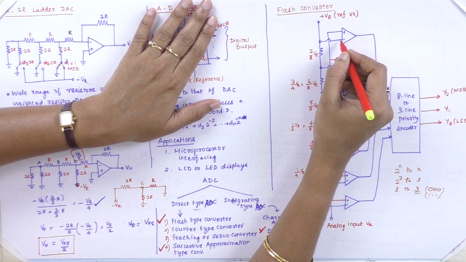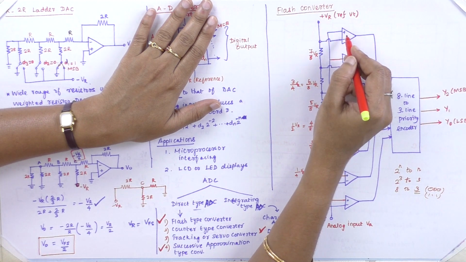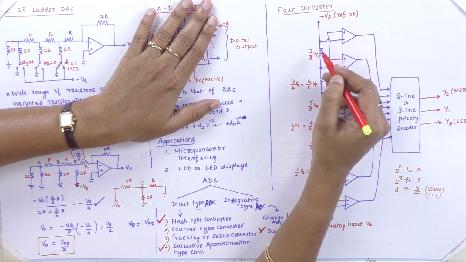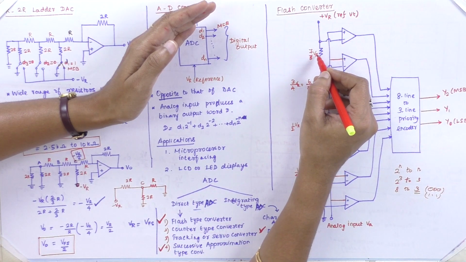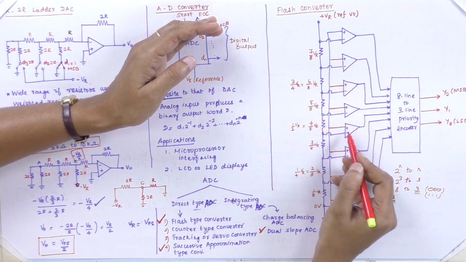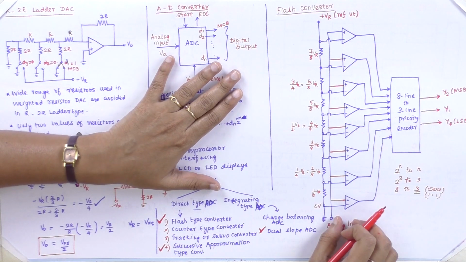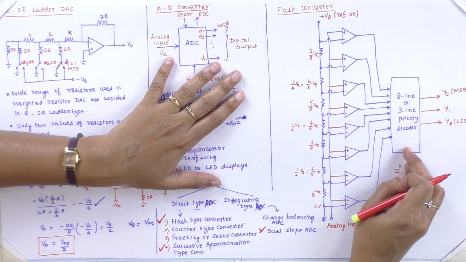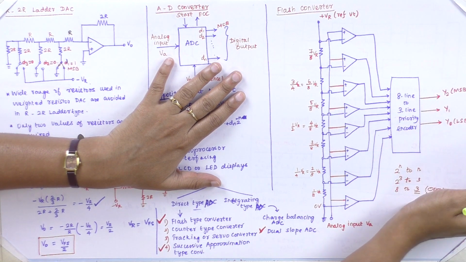For this operational amplifier, we have 8 in total: 7 by 8 VR is given here, then 6 by 8, 5 by 8, 4 by 8, 3 by 8, 2 by 8, 1 by 8, and finally it starts with 0. These are given to the 8 line to 3 line priority encoder. Then we get the output as Y2, Y1 and Y0.